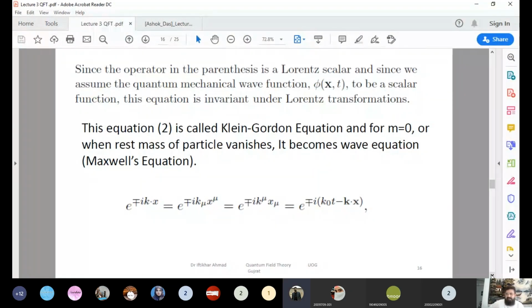For the position vector, E is also equal to e raised to power minus plus iota k_mu x^mu, and then we can use the components form. Later on, k_mu x^mu we transform into k_0 t minus k·x.